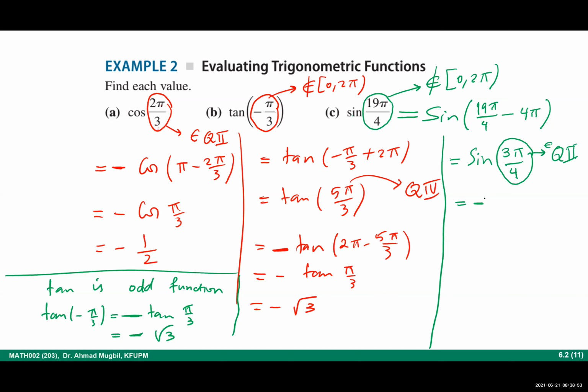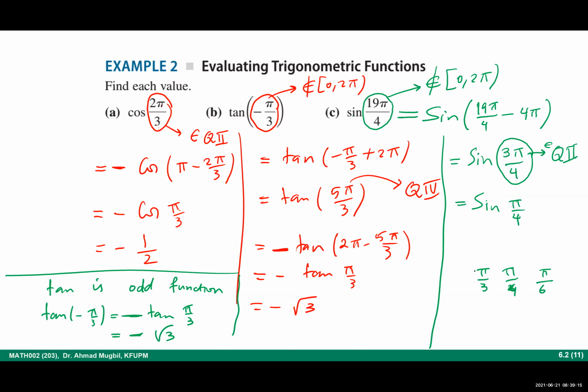Oh, no, sorry. Positive. It is positive, ya shabab. So no need to change the sign. And what is the reference angle for sure? It is pi over 4. Ya shabab, pi over 3, pi over 4, pi over 6: for any multiples of these, the reference angle is the base angle.